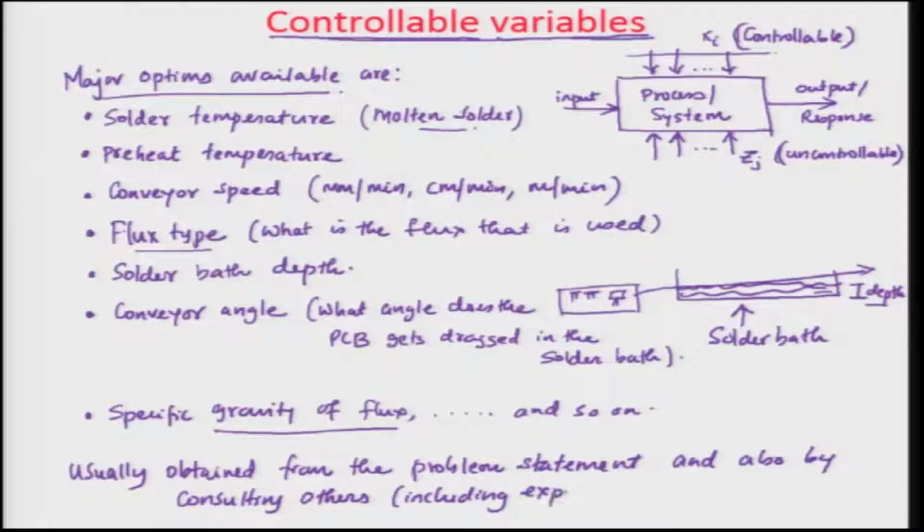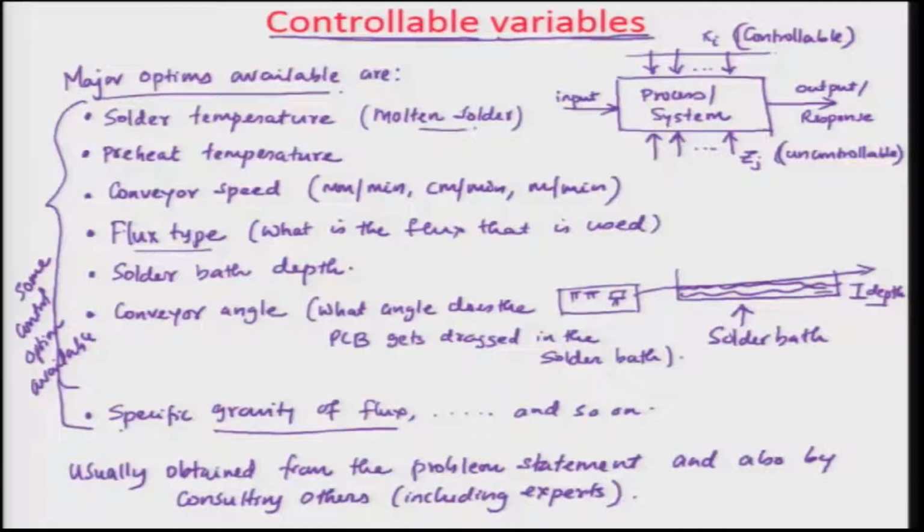So you might want to go talk to a few experts who work in this area and figure out what is going on, and from there you can find out certain variables, and these variables we think we can control because, okay, some control option is available. Okay, this includes this also, right? So we can somehow control these variables. There is some conveyor speed, there could be a dial which you can twist, and that changes the conveyor speed. Okay, all right. The next option that we have talked about, we are still in the variables.